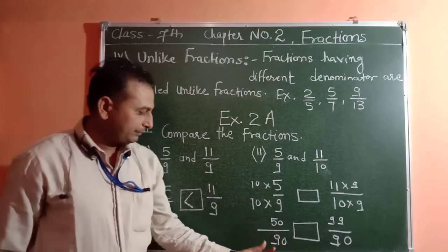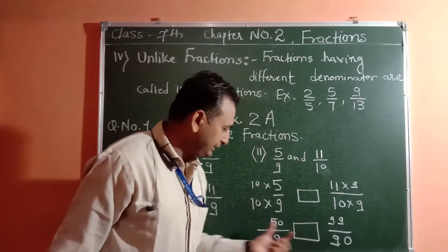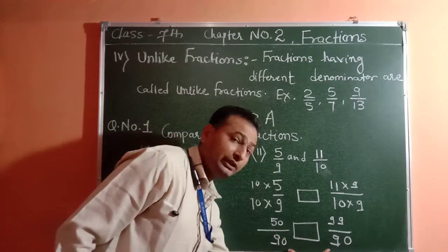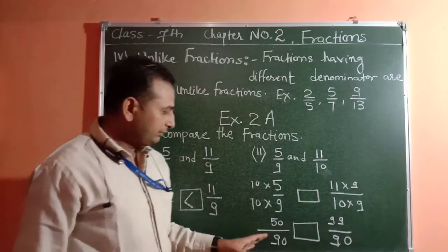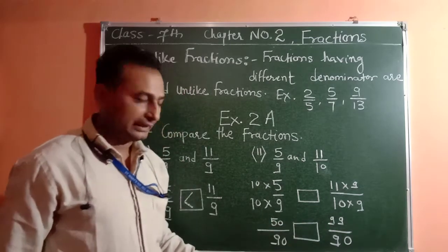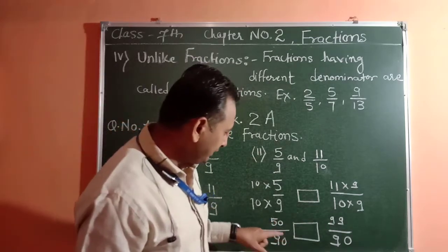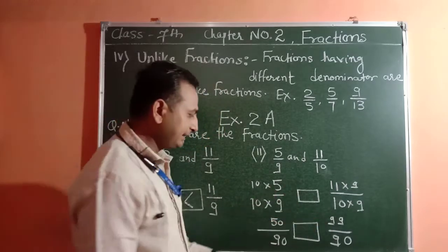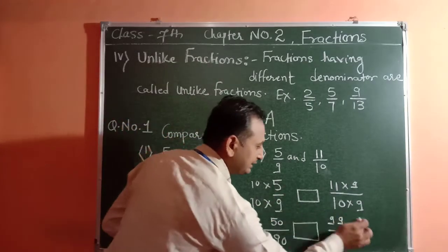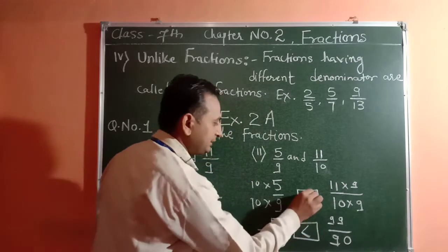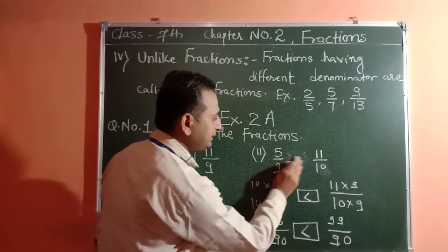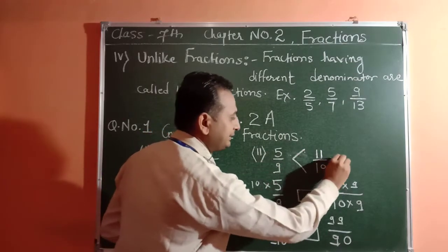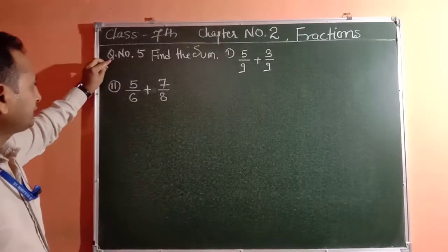Here you see, these two fractions have the same denominators, which means now they are like fractions. Who is greater, 50 or 99? Obviously 99 is greater, that means this side fraction is greater, which means 11 upon 10 is greater. Now move to the next question.